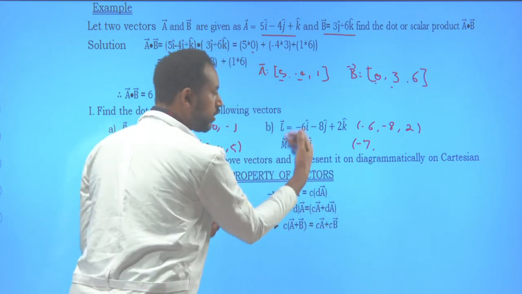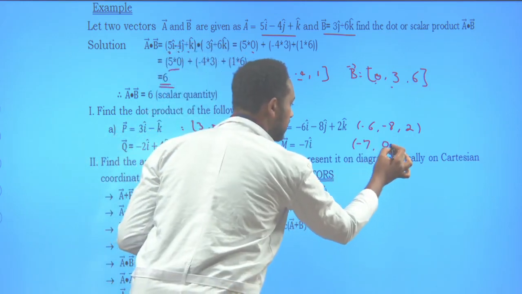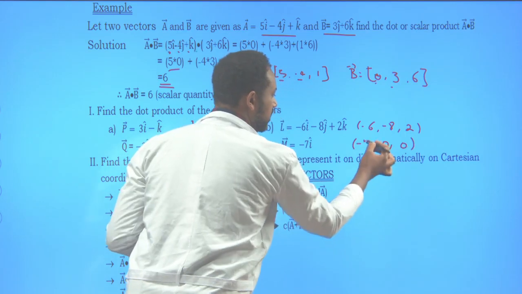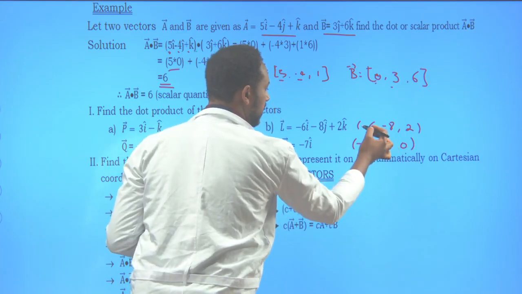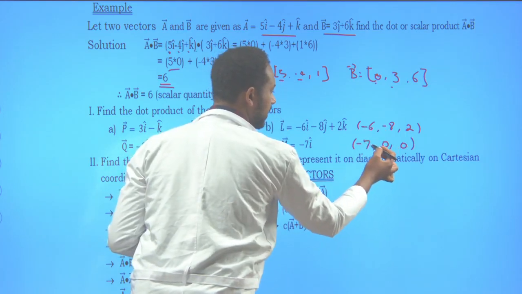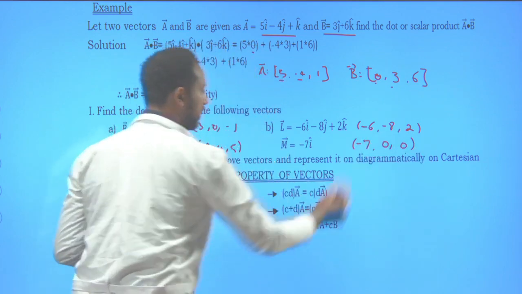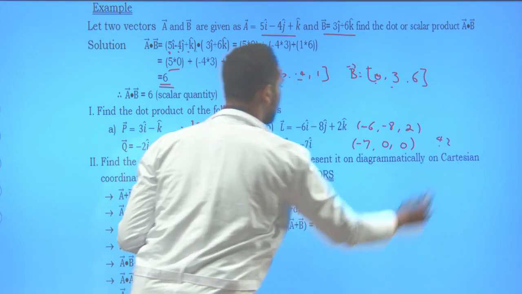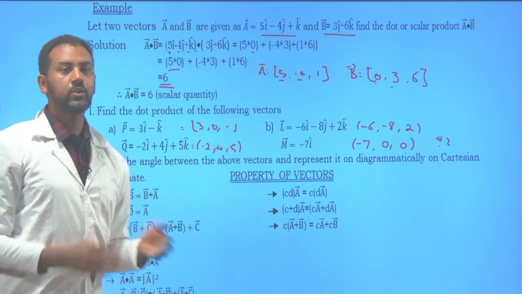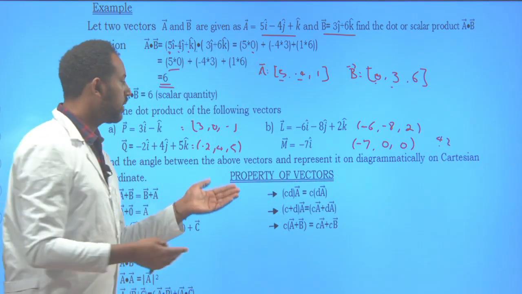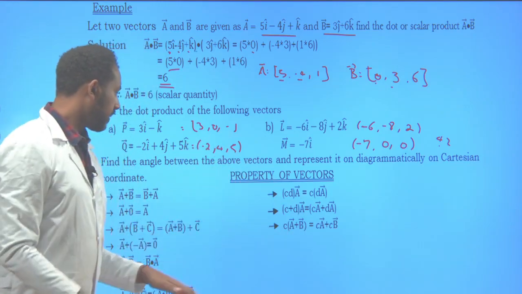There is no j component, there is no k component, therefore these are 0, 0. Therefore, it's possible to multiply only these two. Negative 6 multiplied by negative 7. The rest, when you multiply, give you 0. Therefore, this gives you 42. And always the dot product results in a scalar. It gives you a pure scalar.